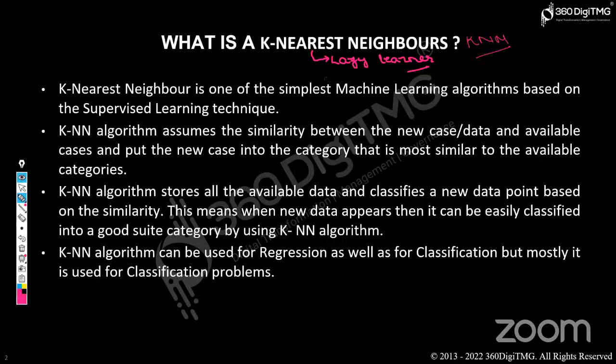Instead, it stores the data set, and at the time of the classification problem, it performs an action on that data set. At the training stage it just stores the data set, and when it gets new data, it classifies that data into the category that is most similar to the new data.